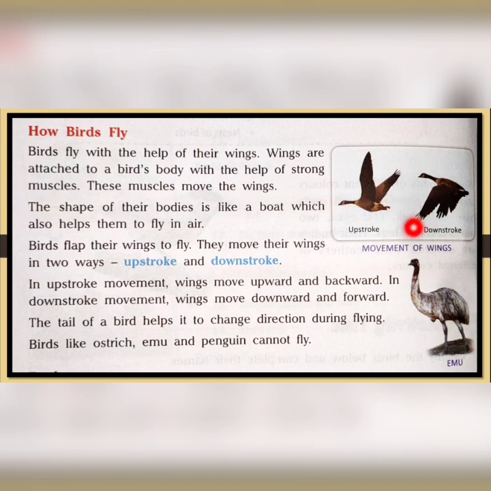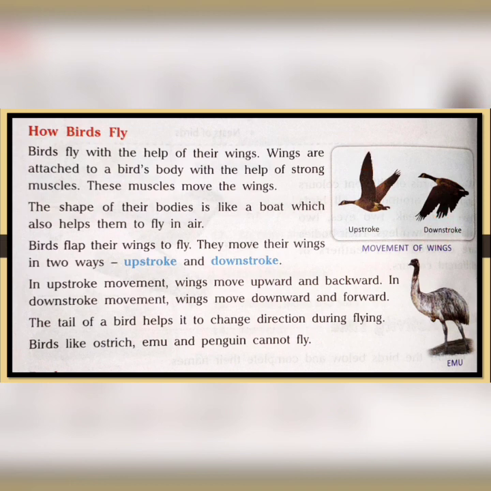Also the boat-shaped body helps them to fly in air. The wings of birds move in two ways, upstroke and downstroke. See, it is upstroke and it is downstroke.